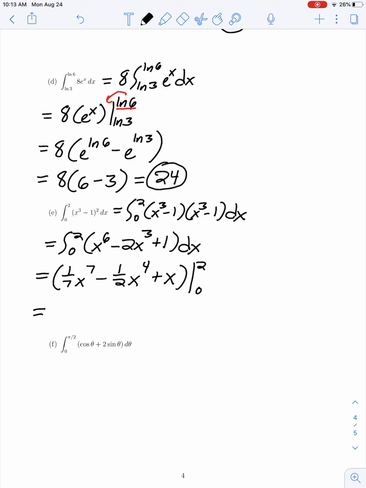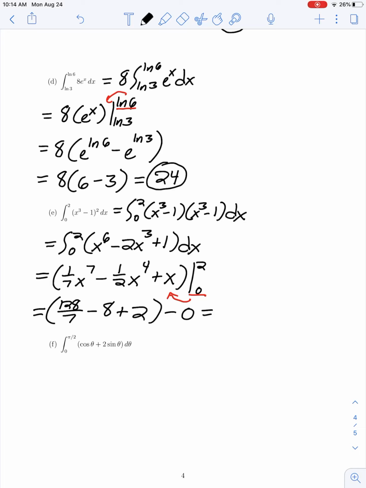Evaluating our antiderivative at the upper limit of integration 2, we have 2 to the 7th, which is 128, divided by 7, minus half of 2 to the 4th, well, that's the same as 2 cubed, or 8, and then plus 2. And then we subtract what we get when we evaluate this antiderivative at the lower limit of integration. So substituting 0 in for x, we have 0. So we're subtracting nothing here.